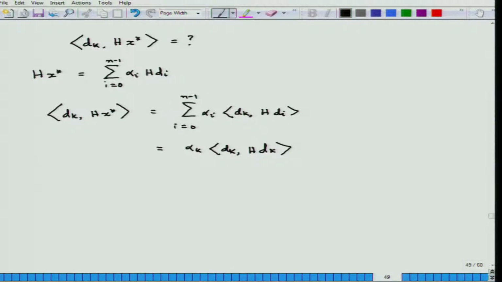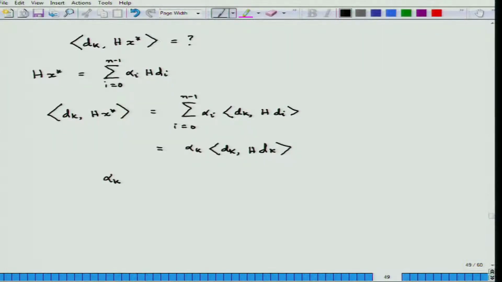So, you see what I am doing is I am trying to compute the alpha i's or alpha k's, which are nothing but the coordinates of the vector x star, the solution, in terms of the basis d naught, d1, up to d n minus 1.